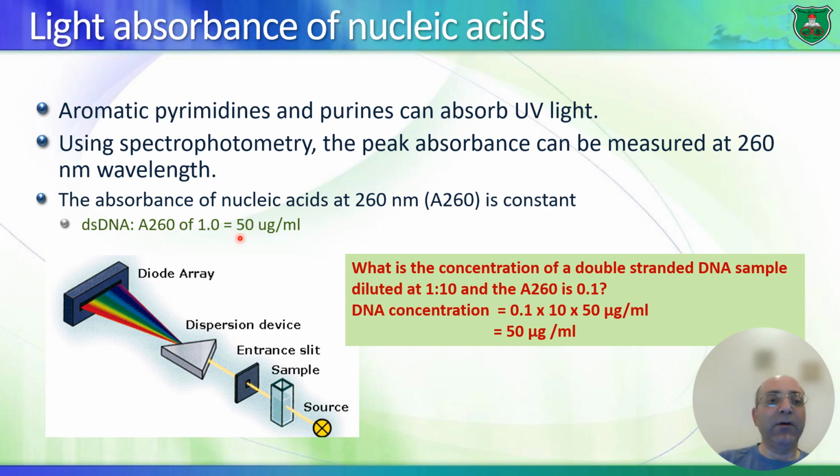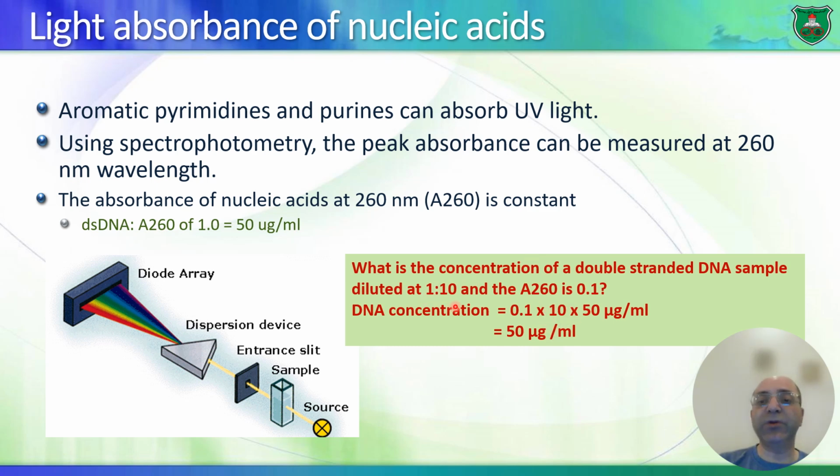So the concentration of the diluted sample is about 5 micrograms per ml. Well, we need to calculate the concentration of the original sample, not the diluted one. So we multiply by the dilution factor, that is 10.